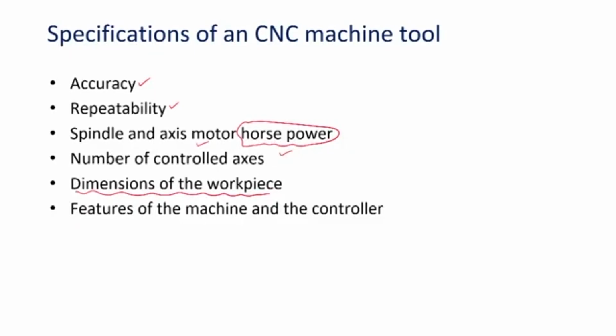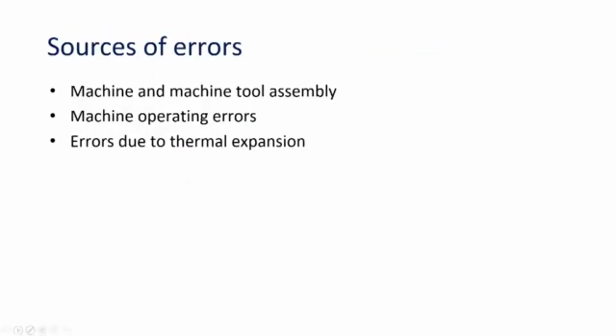Well, my friends, when we work on CNC based machine tools, a lot of errors are created, and the sources of these errors are the machine and machine tool assembly. So, these errors are due to the construction of the machine tool itself. Moreover, there may be operating errors, the part setting or the fixture setting. These are the human or operator based errors.